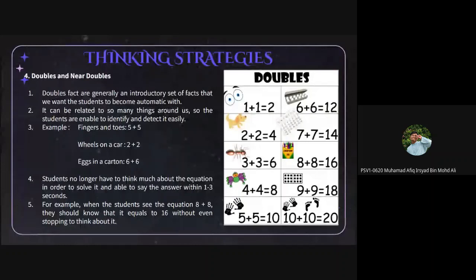The student will not be thinking too long to solve the equation when they learn the concept of doubles. For example, when the students see the equation 8 plus 8, they should know that it equals 16 without even stopping to think about it.